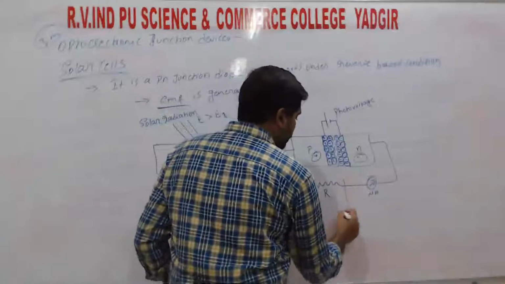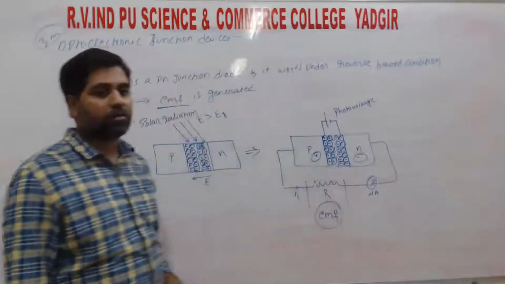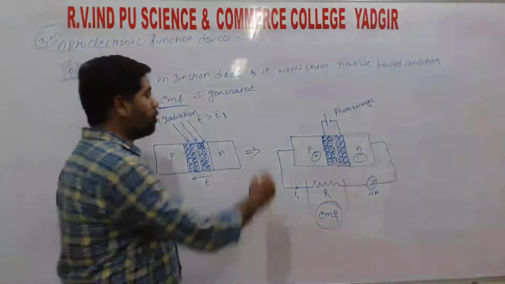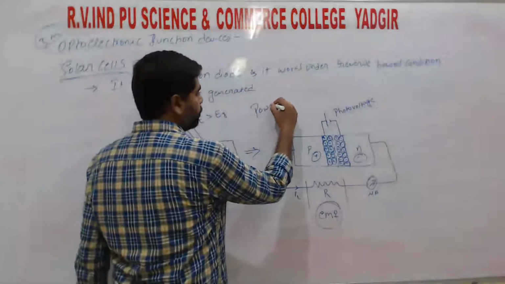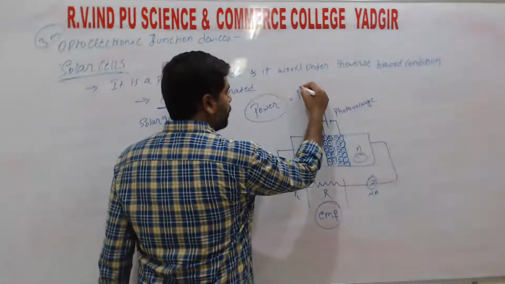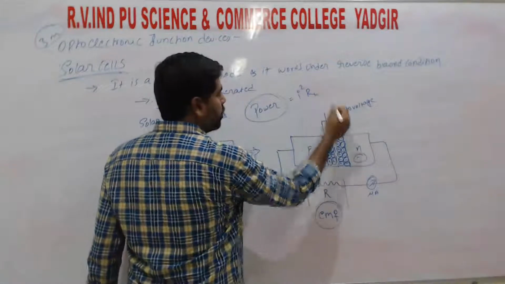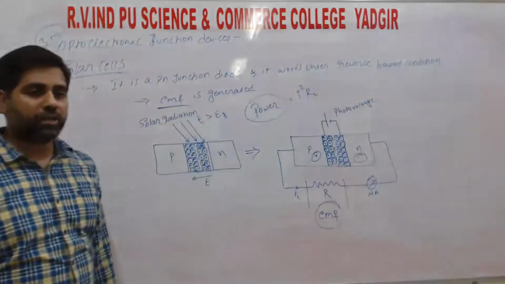So here we are obtaining the EMF, right? So that means we are obtaining the power. So power, that is I square R, where this resistance is the load resistance.